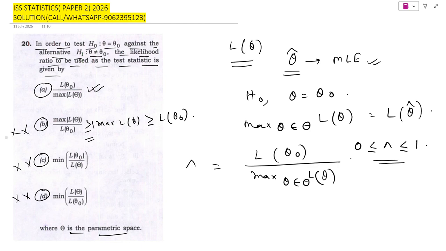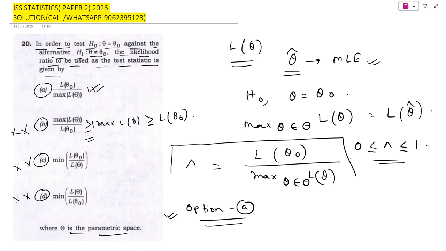So the likelihood ratio statistic, the correct option, is option A. This is our correct answer for this question.